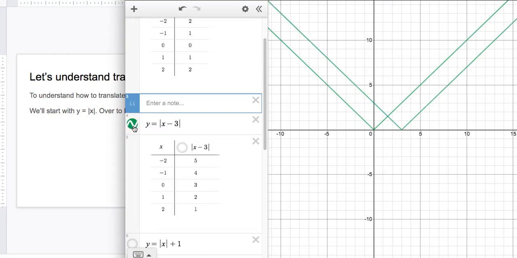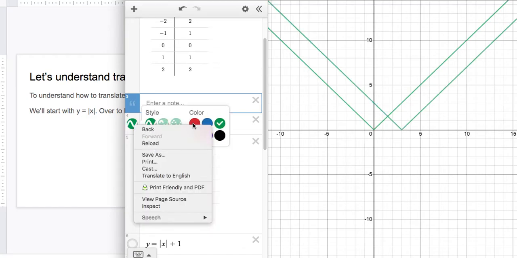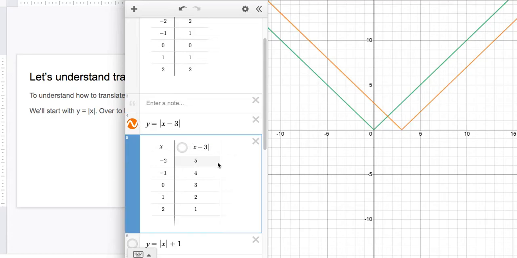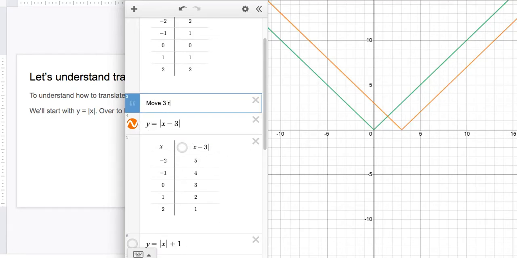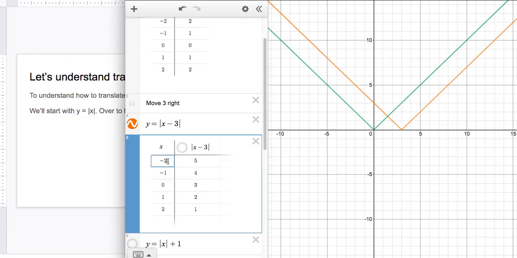So here's x minus 3. We'll make it orange so we can see it better. Now if I look, what did this thing do? Looks like it moved 3 to the right. Once again, let's get the table reset so that it matches the y values, because it looks like all we did was a horizontal shift. So let's see here. 1, 2, there we go.